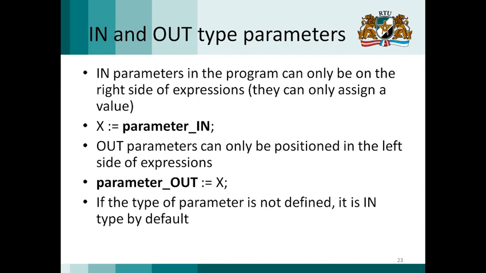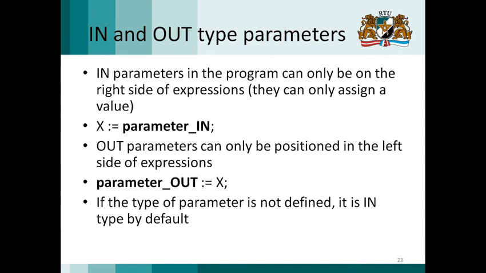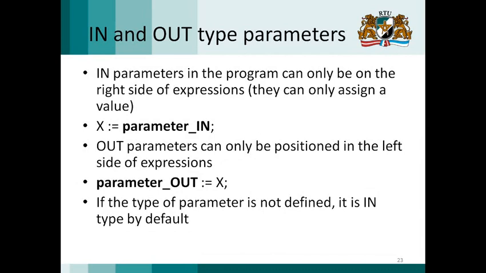On the other hand, these out parameters can only be positioned on the left side of the expressions. So they can only be assigned a value. So it means that we actually do not give the procedure some information with these out parameters, but we give the procedure a means to return some value with the help of these parameters.